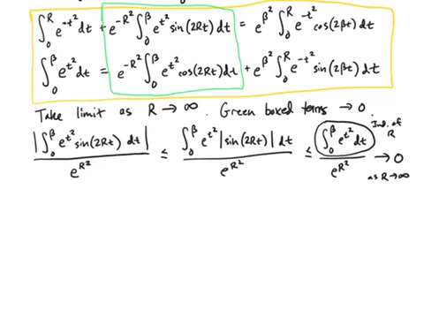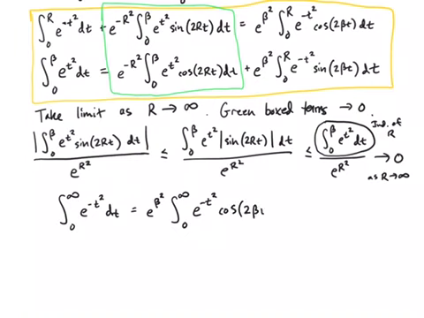So give myself just a little bit more room here. We get the integral from 0 to infinity of e to the minus t squared dt is equal to e to the beta squared times the integral from 0 to infinity of e to the minus t squared cosine 2 beta t dt.